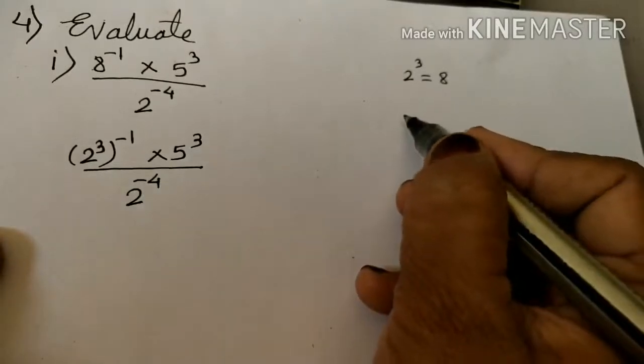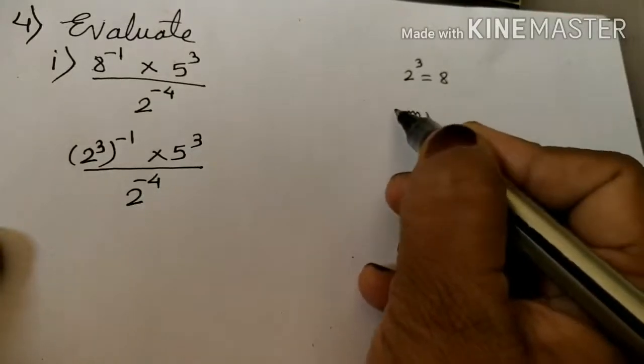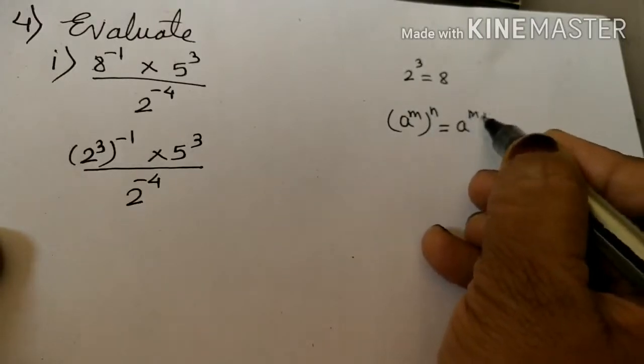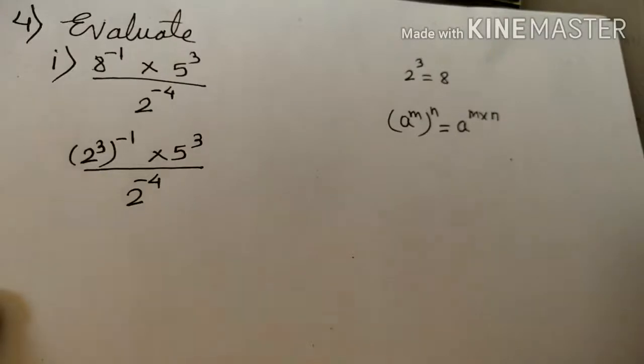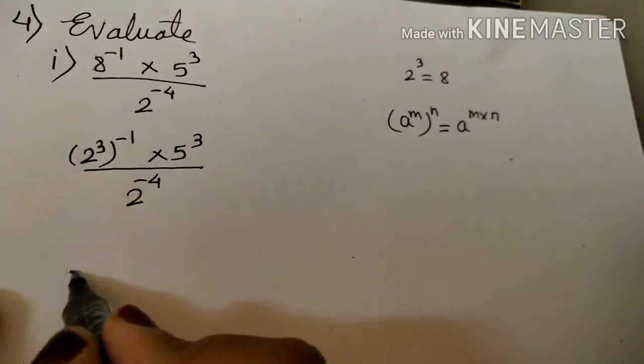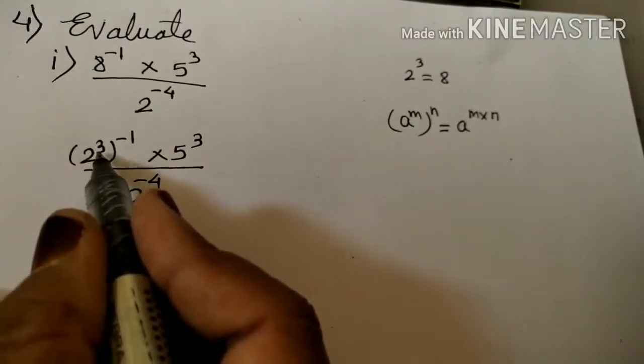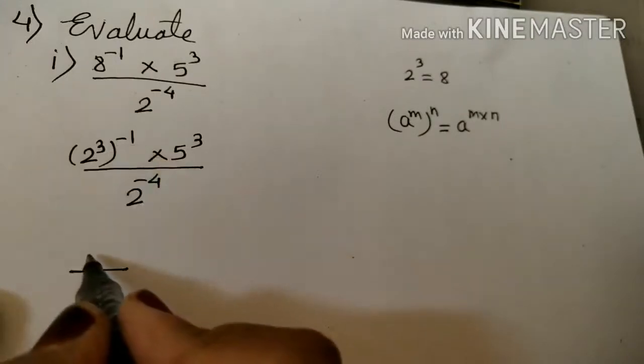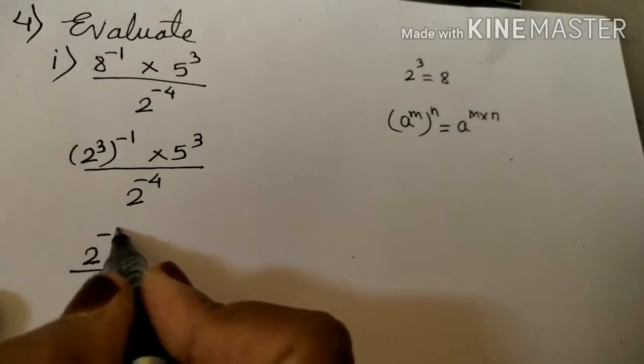Now here a raised to m raised to n is equal to a raised to m into n. Therefore, now this 2 raised to 3 raised to minus 1, I'll multiply this 3 into minus 1. It becomes 2 raised to minus 3.